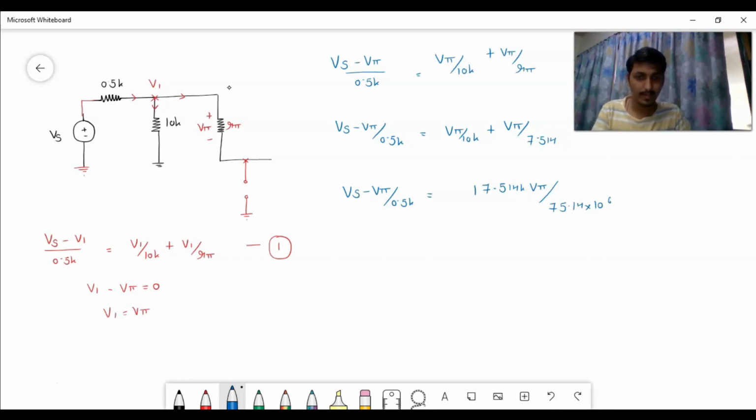So if we cross multiply, Vs minus V pi, 75.14 into 10 raised to 6 goes there, 0.5 times 17.514 is 8.757 V pi.